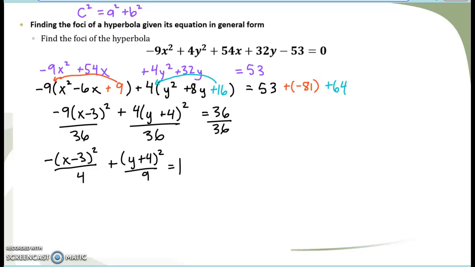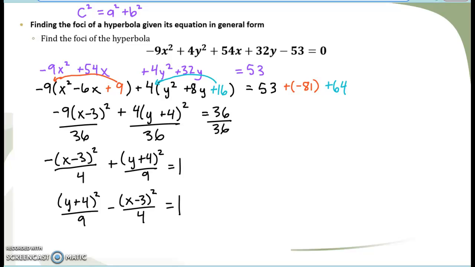Now with the standard form of a hyperbola, we want to have our positive term come first: (y plus 4) squared over 9 minus (x minus 3) squared over 4. That's just a conventional thing. If we recognize that this negative is attached to the x term, then that's okay, and we can just use that.